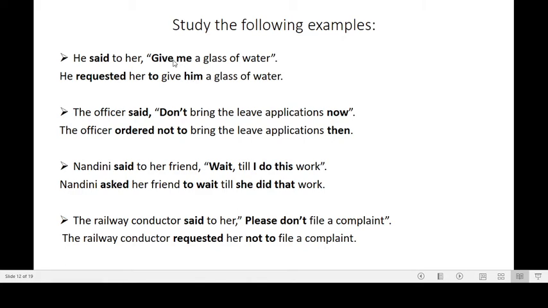If it is a statement, you should say said that. If it is a question, you should say asked. If it is an imperative sentence, you should understand what the sentence is indicating, whether it is a command or request or order, and according to that you have to give the suitable reporting verb.